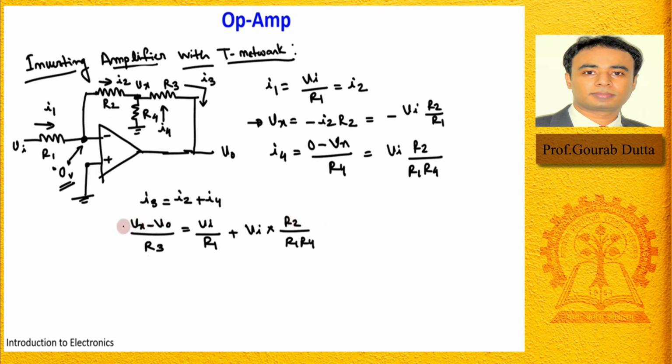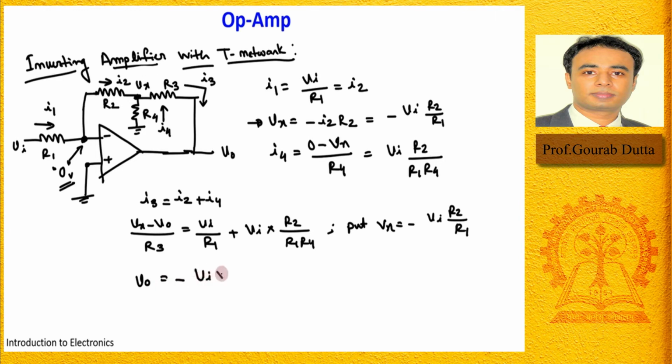Okay. So if you replace it here, now put Vx equal to minus Vi into R2 by R1. Then you can see in this equation you have a relation between V output and V input, right? Other than that, everything will be in terms of these resistances, right? These 4 resistances, right? Now after that, if you take all this V out on one side, then you will find that V output will come like this.